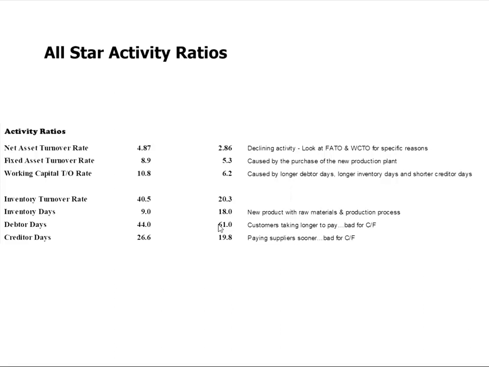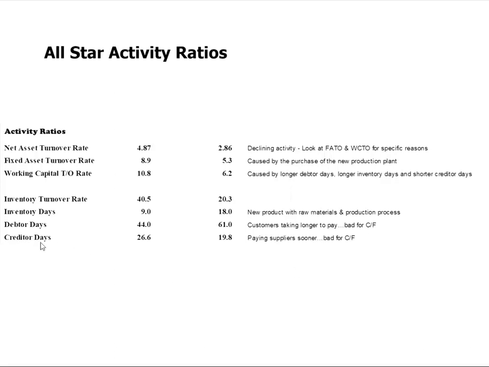They take longer to pay. But this is affecting the cash flow of All-Star. Remember the working capital rules that we spoke about in the cash flow theory? If your debtors, or in this case the debtor days, goes up, your cash flow goes down. Hence my comment here, this is bad for cash flow.